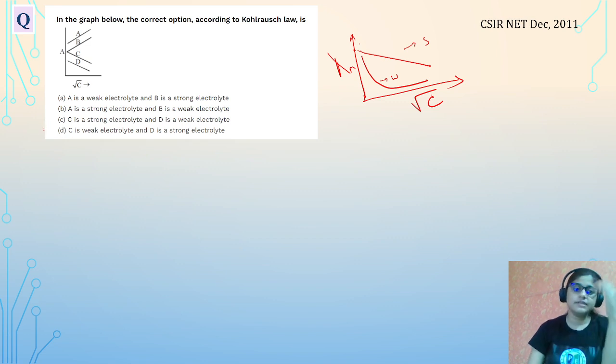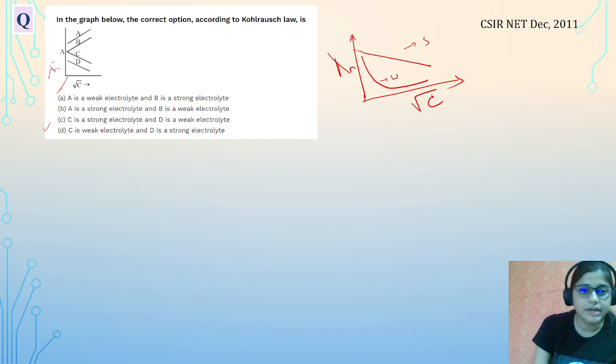Their option is, I think, C. So C is the strong electrolyte, because for the strong electrolyte the lambda m0 is much more. We know that this kind of graph is seen for the weak electrolyte, but here it is not there. Only the negative slope and positive slope graphs are there. So we know that when we dilute the solution, or decrease the concentration, the lambda m value will increase. So in these two cases only we can find that.